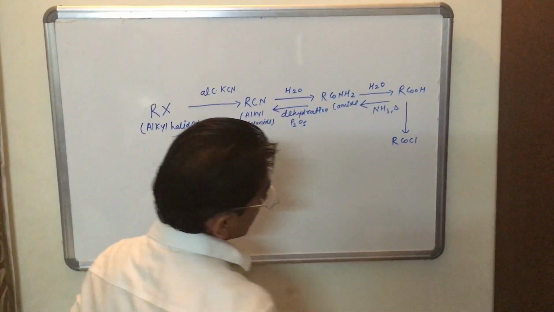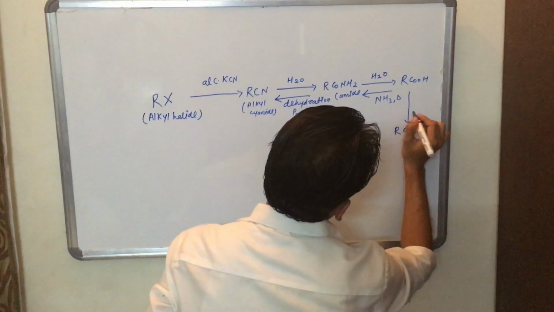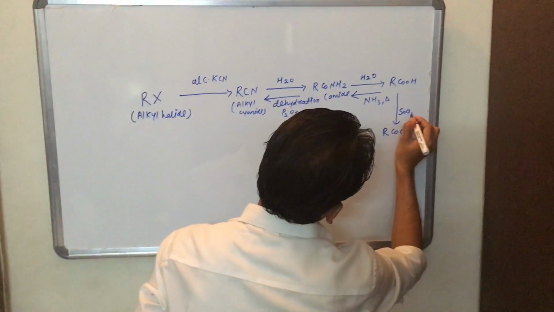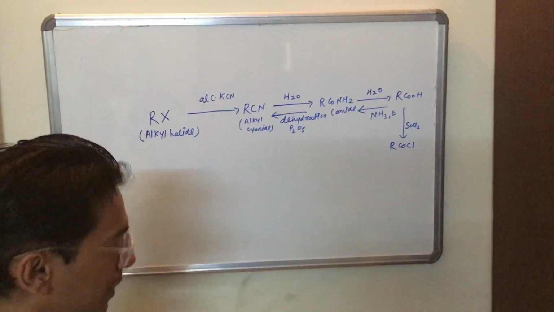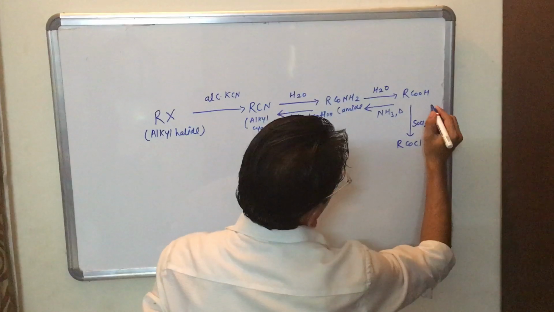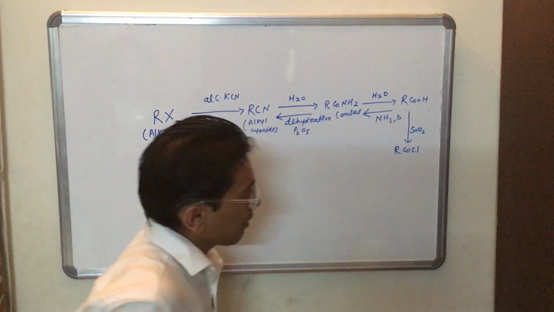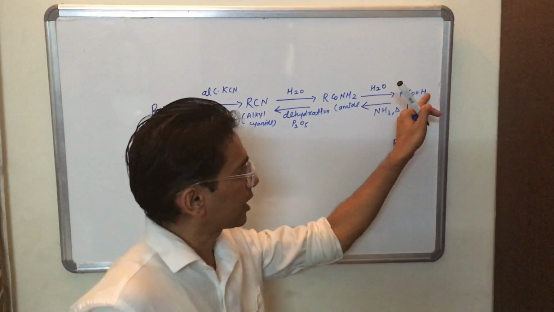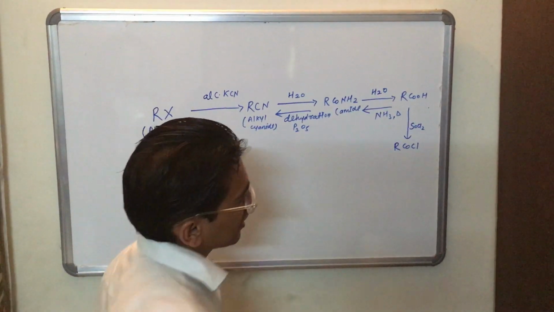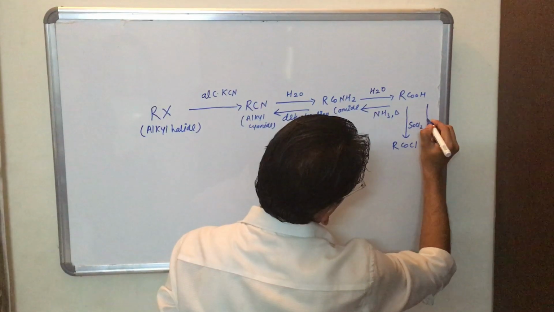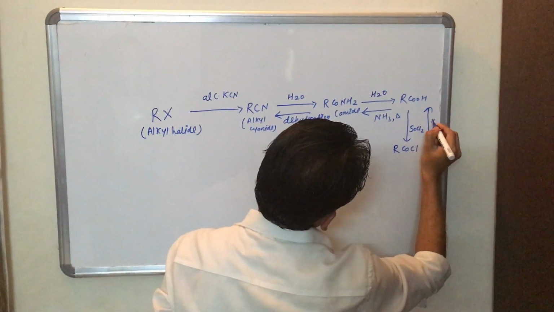Then I have to add SOCl2, and I will get acid chloride. From acid chloride, if I want to obtain carboxylic acid, then again I have to do hydrolysis.